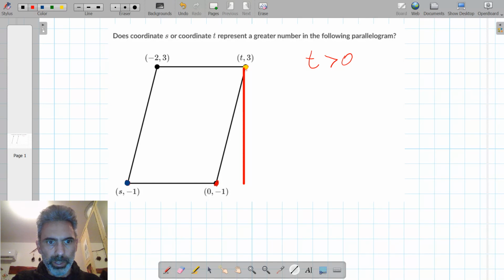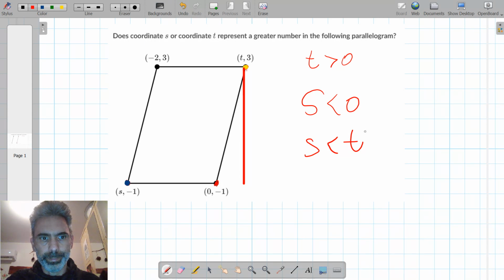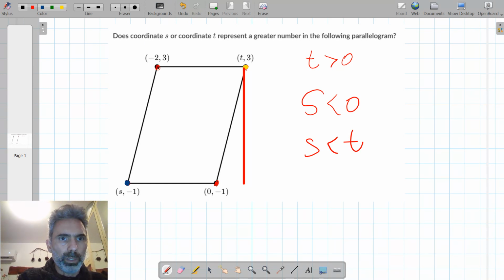So T is greater than 0, and S is to the left of 0. So S is smaller. S is less than 0. So S is less than T. And S is also smaller than -2 because -2 is the x coordinate of the upper left corner.